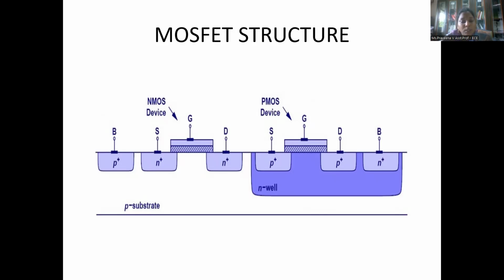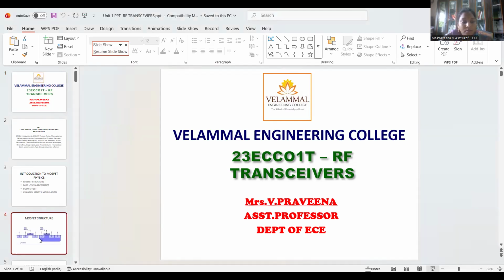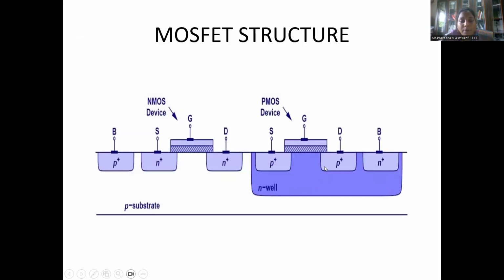When a positive voltage is applied to the gate, a channel forms between source and drain, right? That is an N channel formed between source and drain.